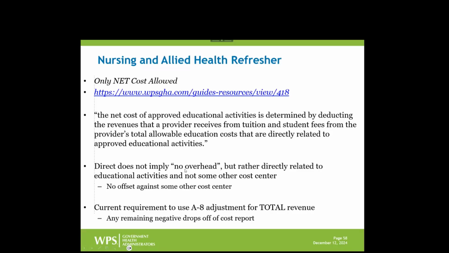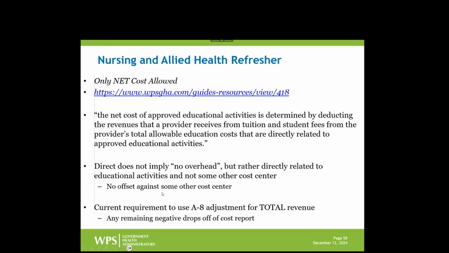That's not what they meant by this. They meant that these costs have to be actually education related as opposed to something else. So whether it's indirect or direct cost, as long as it relates to educational activities, that's going to be allowed, and the tuition has to be offset from both of those types of costs.